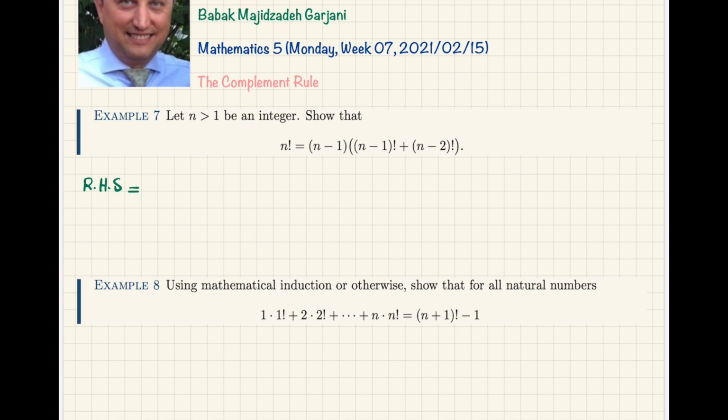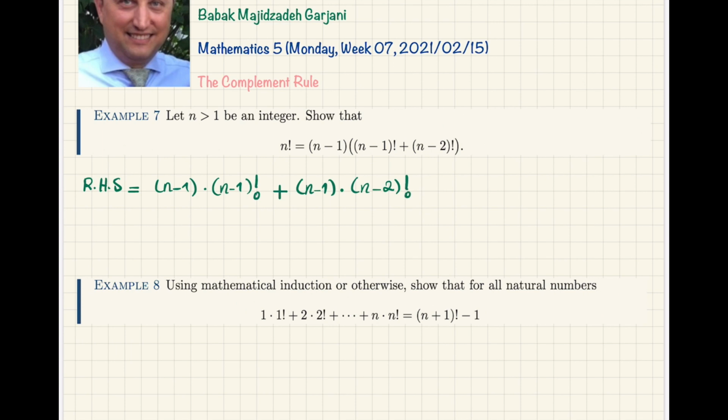This is one number, so let me multiply it here and there. So this becomes n minus 1 multiplied by n minus 1 factorial, and then plus n minus 1 multiplied by n minus 2 factorial.